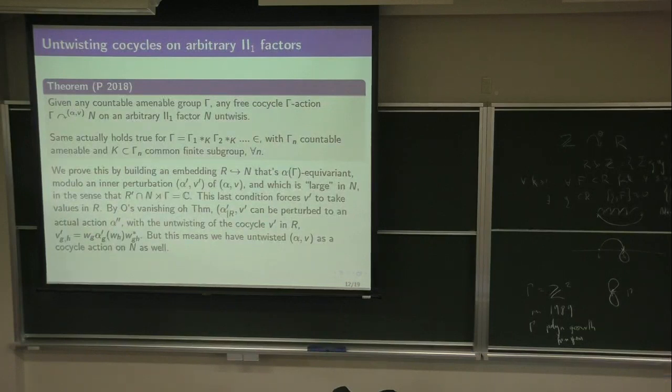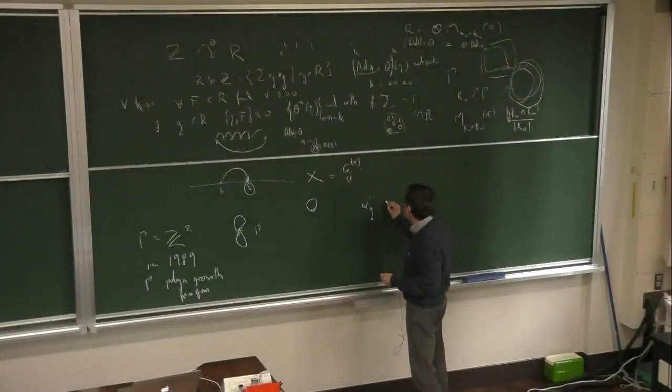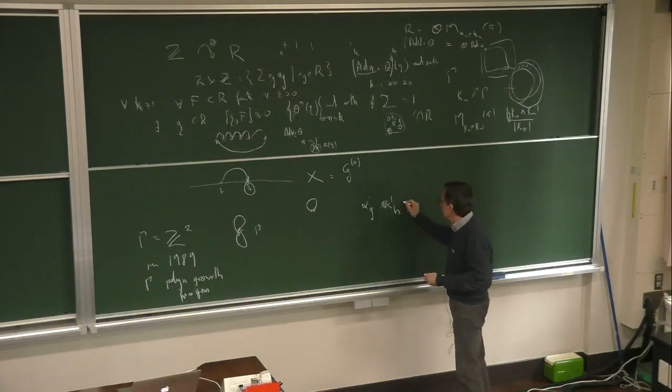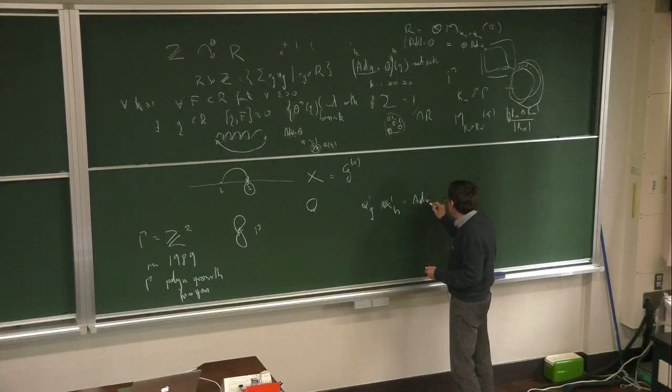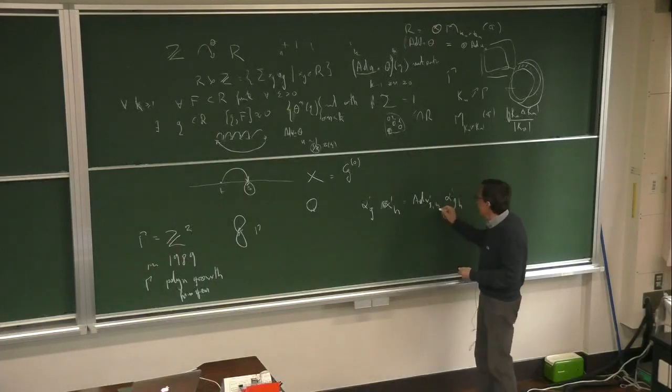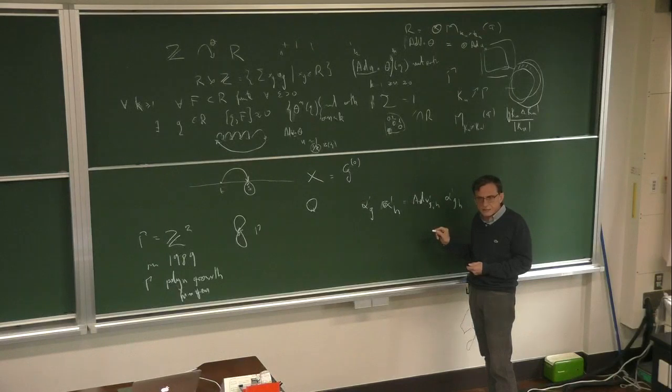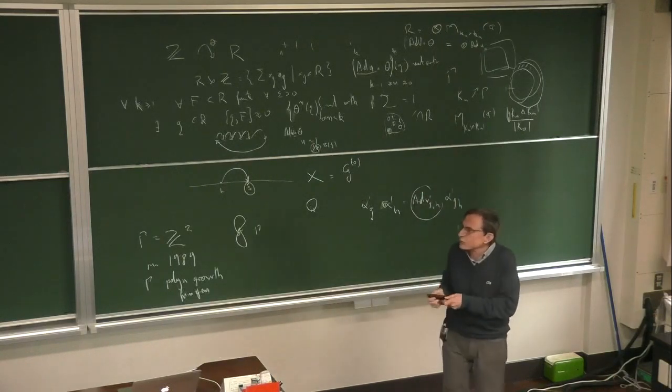It's a cocycle action, so every time you do this it gives you this extra piece, and this can act outerly on your hyperfinite II_1 factor. But with that condition it won't.